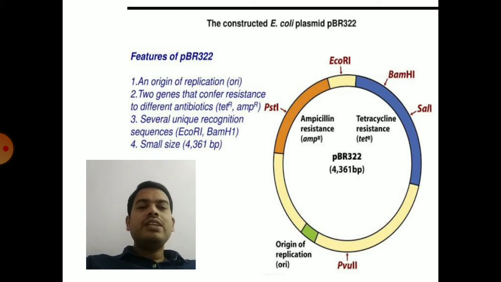That is based on ampicillin resistance. Ampicillin resistance will be active in transformed cells, whereas the non-transformed cells do not contain ampicillin resistance. So you can select between non-transformed and transformed cells based on ampicillin, and you can select your foreign DNA insertion based on tetracycline resistance. So that is plasmid Bolivar and Rodriguez 322, which is a 4361 base pair plasmid.